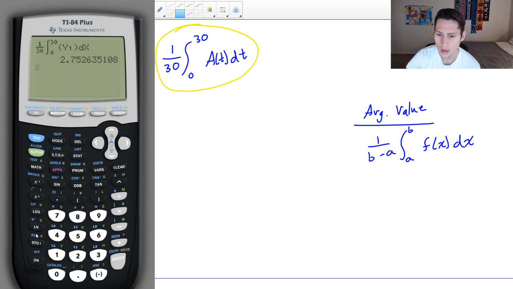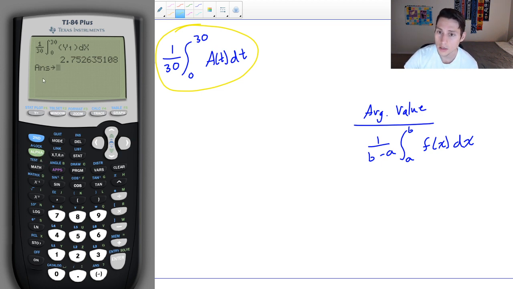So if you look down here at this STO, right above the on button, it should say STO. All right, so that stands for store. So this tells me we can store our answer, and where do we want to store it? Well, it doesn't matter. So this is where we can actually use those letters. You guys thought that those green letters were just for spelling things out on your calculators and messages to your friend. But we can actually store numbers in there.